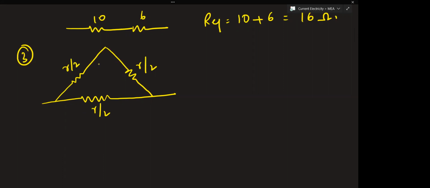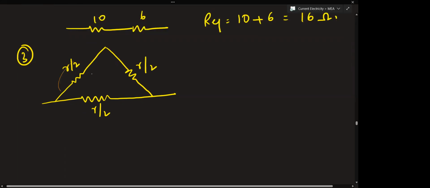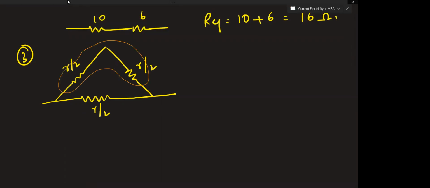Two resistances along each side are parallel. That's why you got R by 2. The resistances in these arms are connected in series.